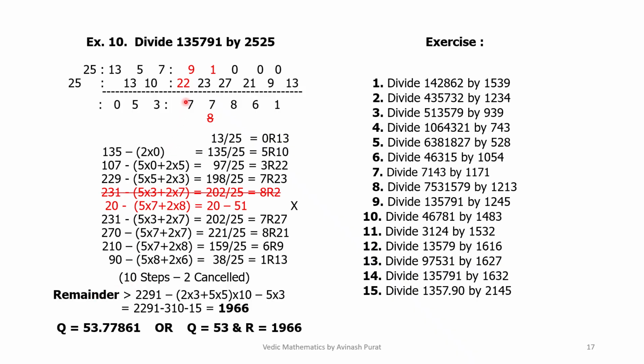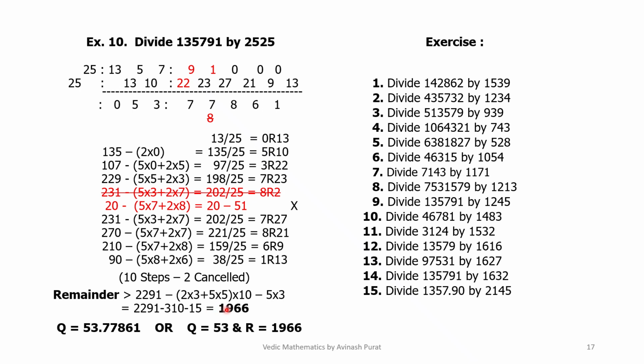The remainder is 2291 minus 2 into 3 plus 5 into 5 multiplied by 10 minus 5 into 3. So 2291 minus 310, 6 plus 25, 31, 31 into 10, 310 minus 15.